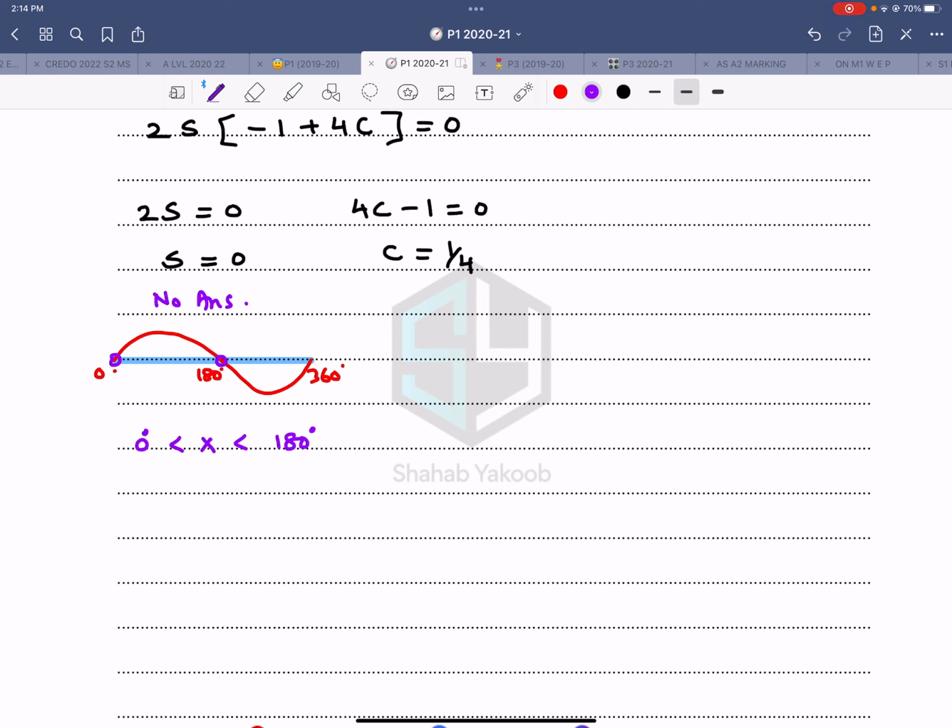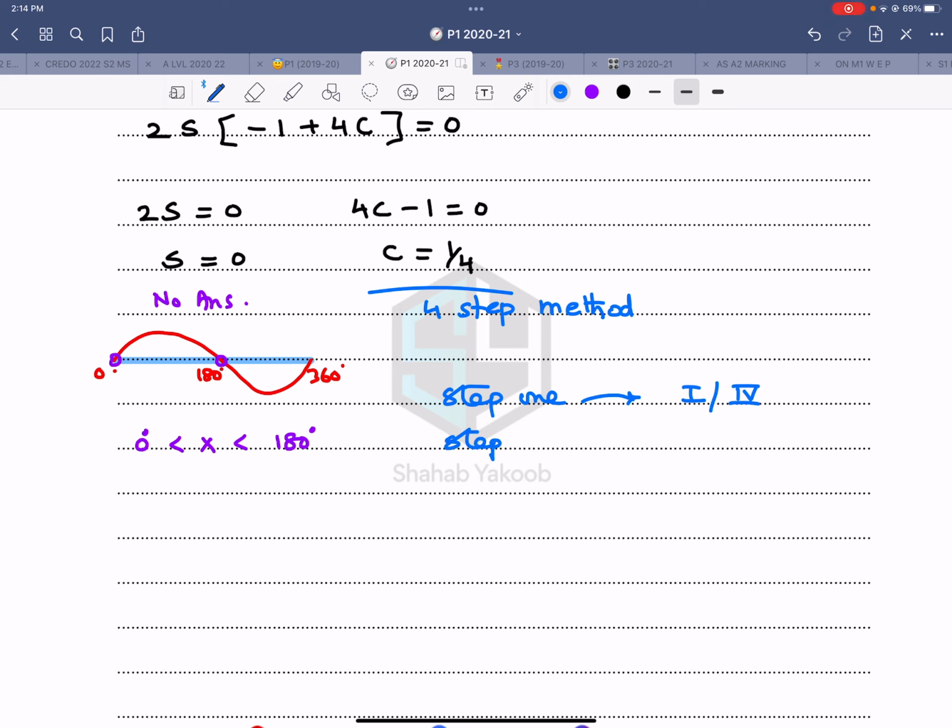For this part, what will you do? You will solve using the 4-step method. What is the 4-step method? Number 1 step, that is the quadrants. So therefore, step 1, that is first and fourth quadrant. Whether it's applicable or not, that we will see later.